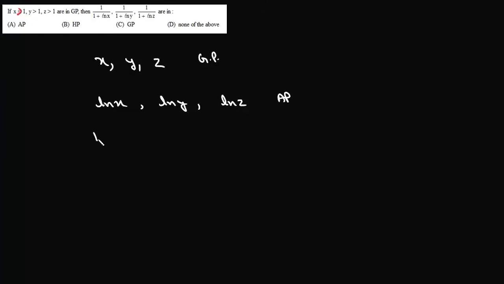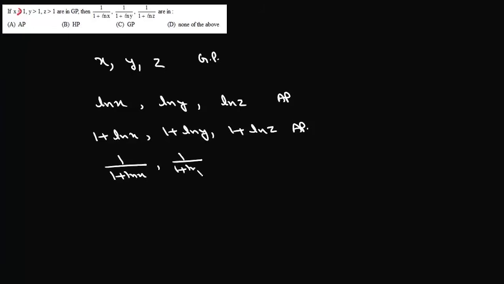Now, if we add a constant number to each of the terms, then it will still remain an AP. So 1 plus log x, 1 plus log y, and 1 plus log z will be an AP. And if we take the reciprocal, it will be 1 upon 1 plus log x, 1 upon 1 plus log y, 1 upon 1 plus log z. Now reciprocal of an AP is HP. So these three terms are in HP. That means correct option is option B.